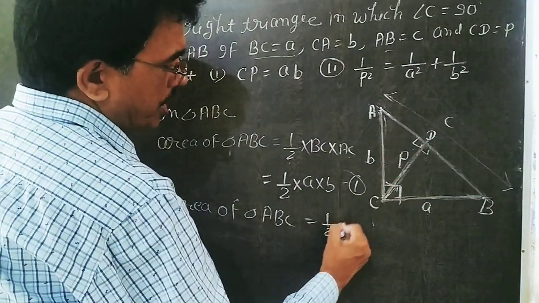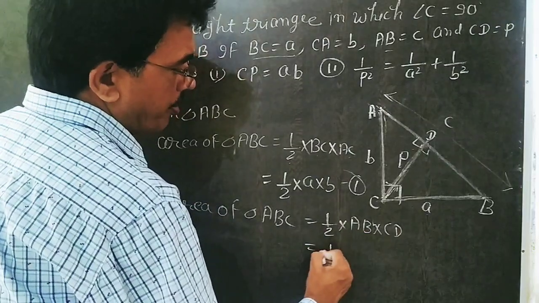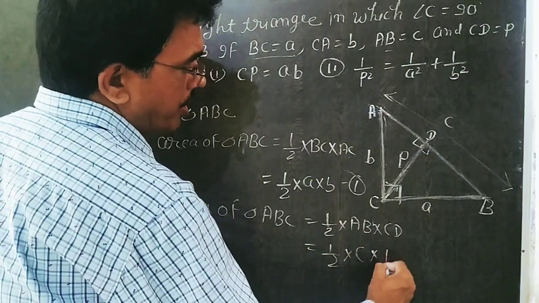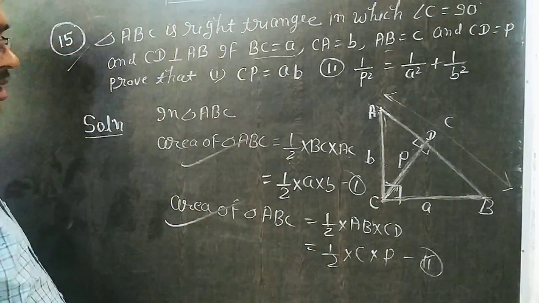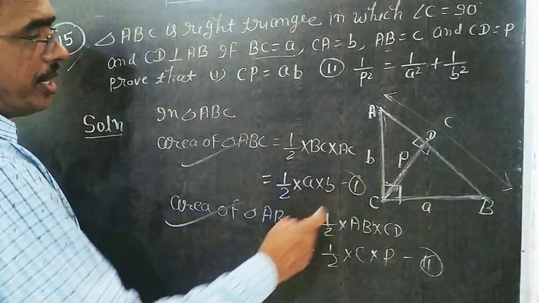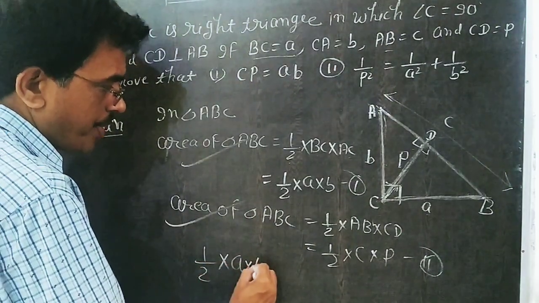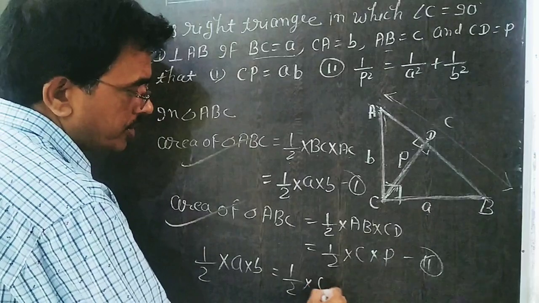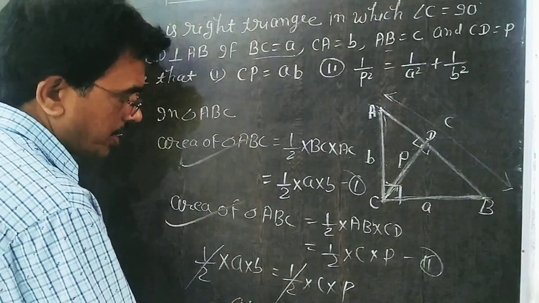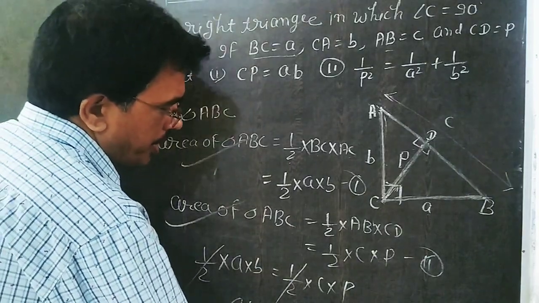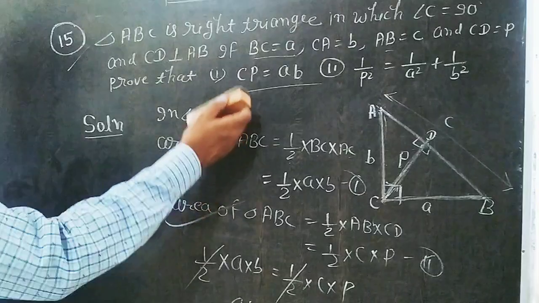So the area is 1 by 2 into AB into CD, which is equal to 1 by 2 into c into p. That is the second equation. Both are the area of triangle ABC, so the LHS are equal, then the RHS will be equal. So 1 by 2 a into b is equal to 1 by 2 c into p. The 1 by 2 cancels, then ab is equal to cp. Proved. You can find your solution first.